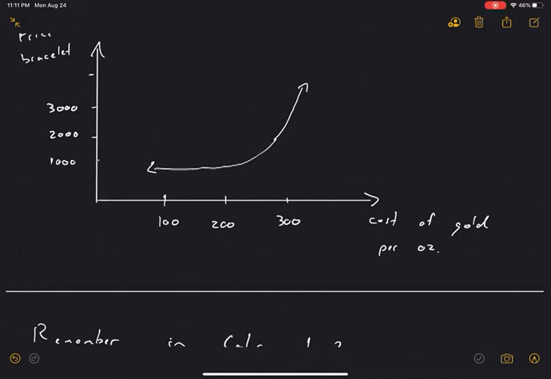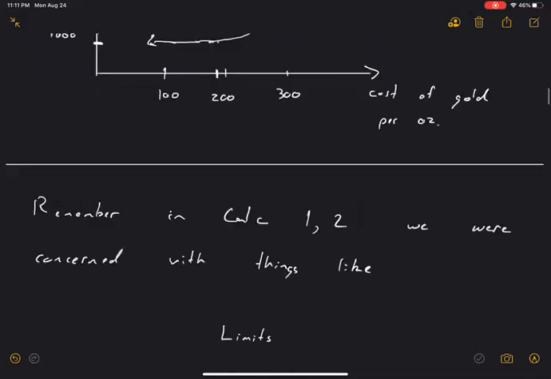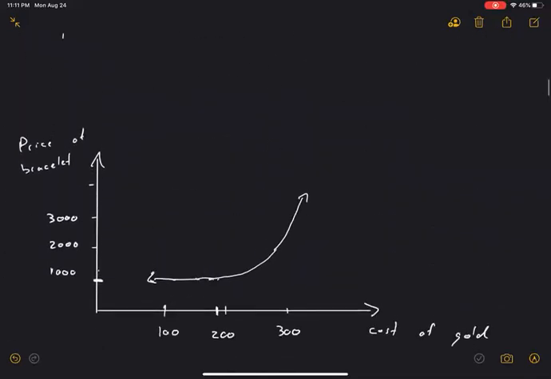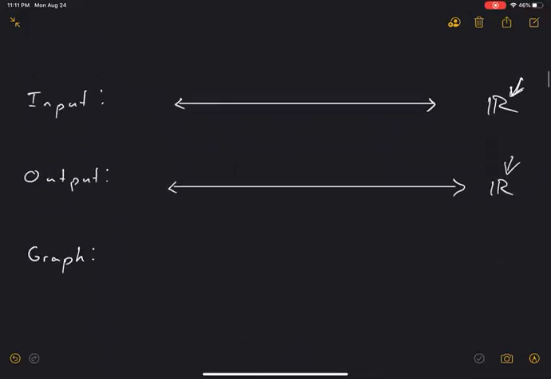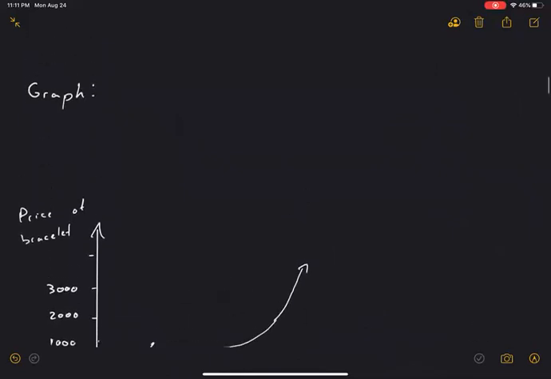So this graph is saying I'm pairing up this x with this y, because if I draw up to my graph, that's where I would be on my graph. So the graph of my function, even though it's a function of a single variable, is in R2. So I have input in R, output in R, and my graph is in R2.